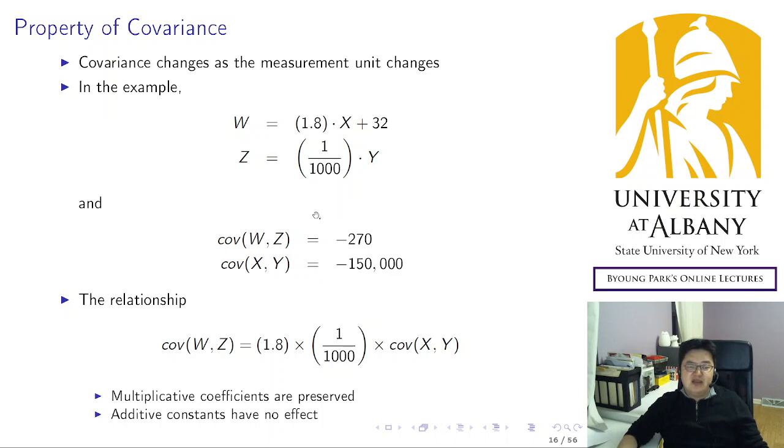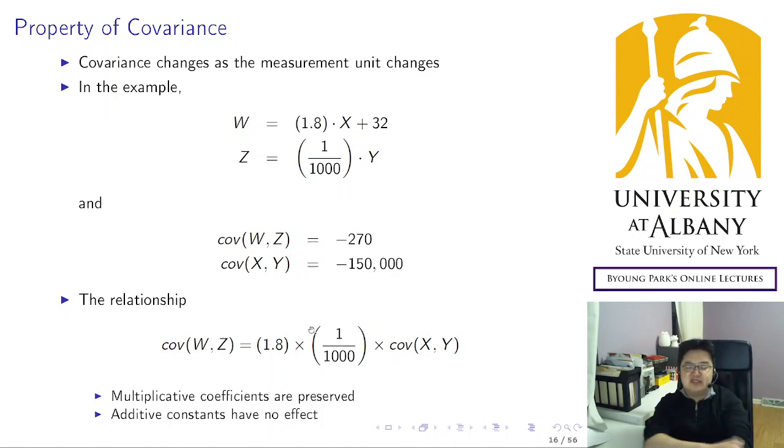It can be explained by this rule. The covariance for the new random variables is affected by those two multiplied numbers. So you multiply 1.8 to x and then 1 over 1,000 to y. These two numbers determine the relationship between the covariances of the original and the transformed random variables.